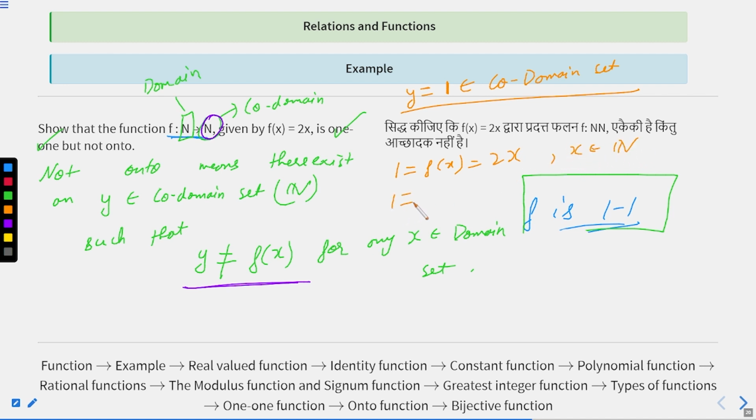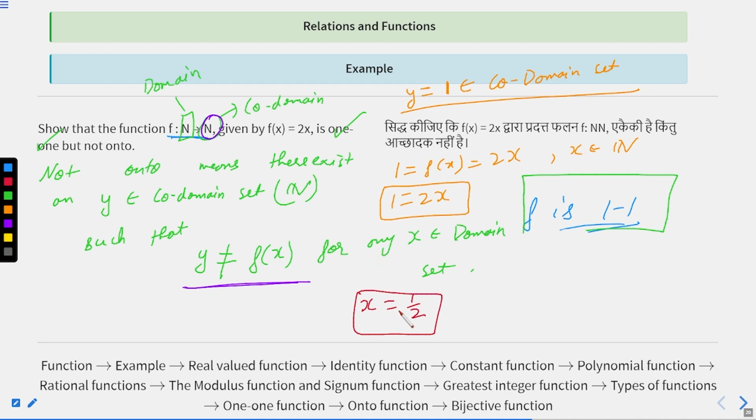Can this happen? 1 equals 2x, with x a natural number. Does there exist any x such that 2x equals 1? If you solve this, you will get x equals 1 by 2. If x is 1 by 2, then you will get your output as 1.